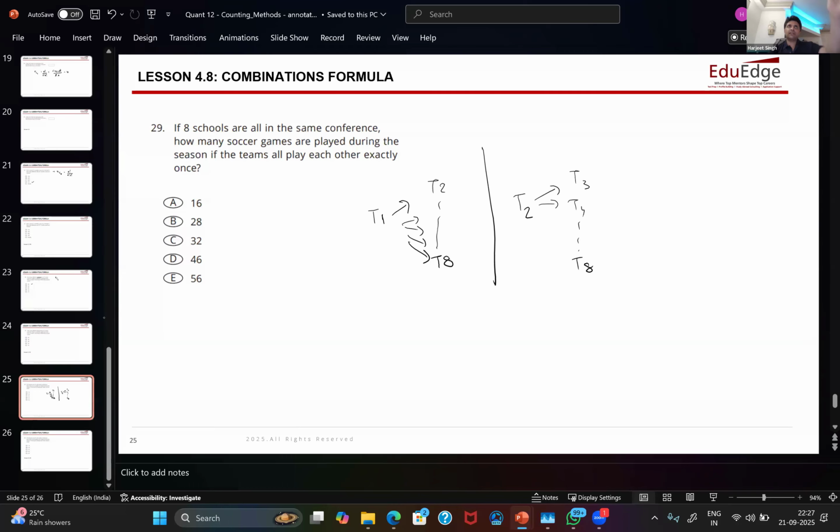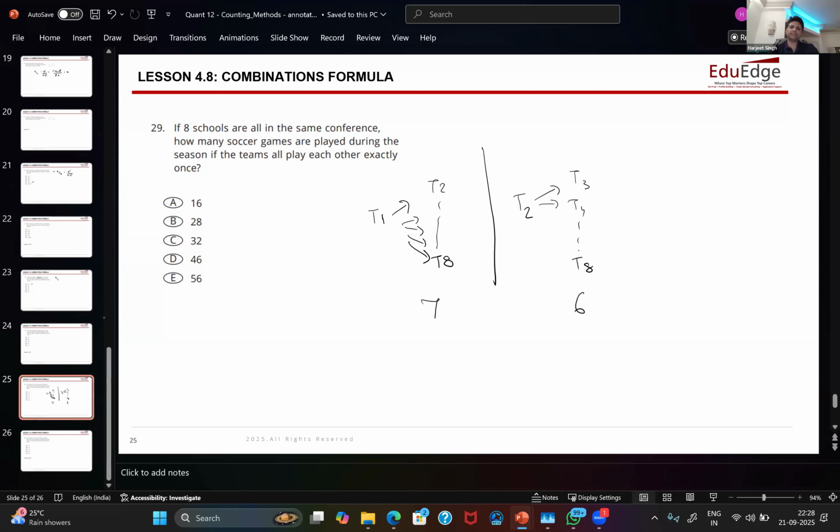And the number of ways in which this can be done, T1 with the other teams, how many ways is that? 7 ways. And T2 with other teams is how many ways?